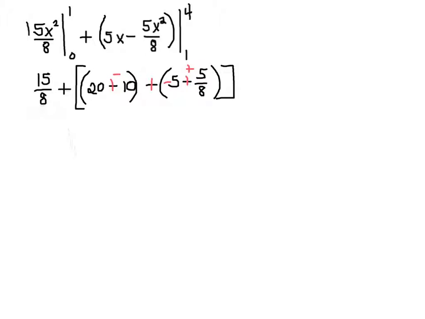So let's finish this evaluation. And so what we get is, see, 15 over 8 plus 20 minus, plus a negative 10 is 10, plus a negative 5 and 5 eighths is going to give us a negative 4 and 3/8.